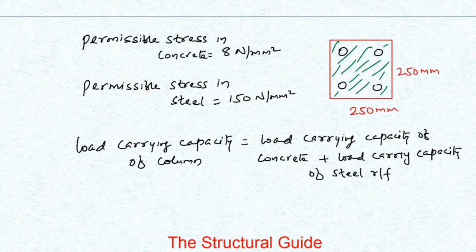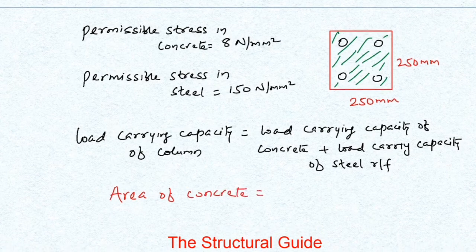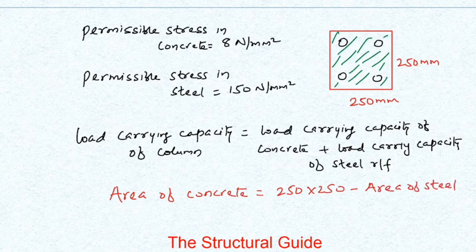So in this case, the area of concrete is equal to the gross area, that is 250 by 250 mm, minus the area of steel, right?